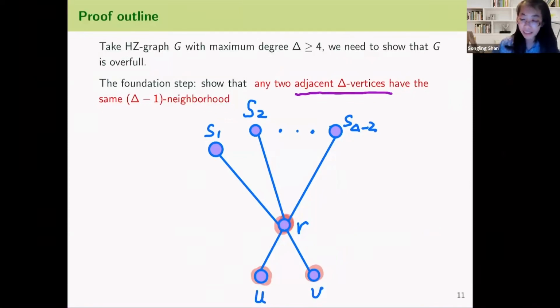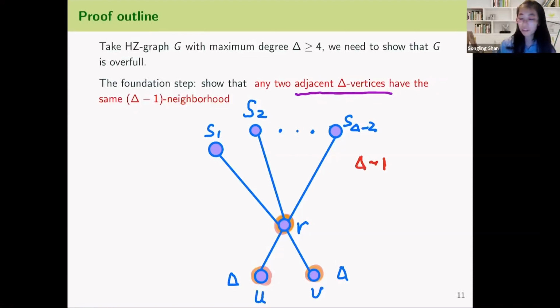Locally, if we take a vertex of maximum degree, R, it has exactly two neighbors of degree delta, U and V. All the remaining neighbors of R, S1 up to S delta minus 2, each have degree delta minus 1. Recall that we want to show such a graph is overfull.